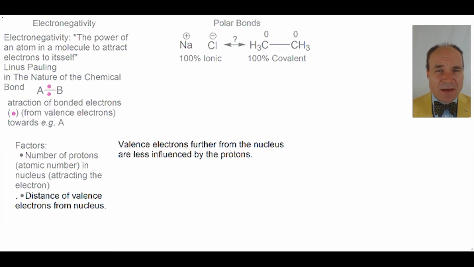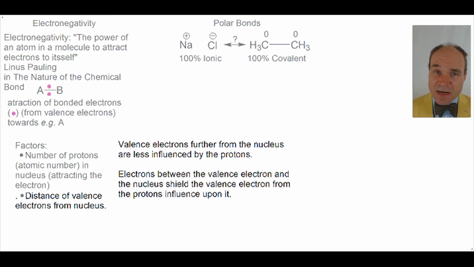But there's something else going on here between the proton and the electron. We know the electron's a valence electron, and more than likely there are electrons that are closer to the proton. These electrons, which are in inner shells or filled shells, will shield the outer valence electron from the influence of the proton.